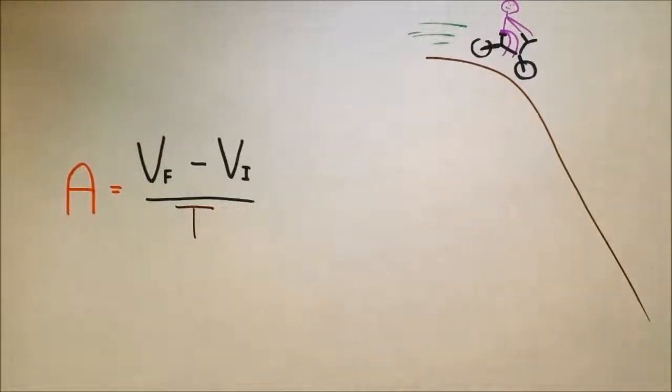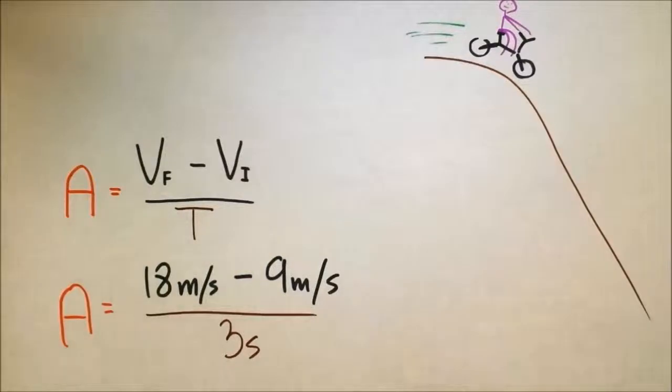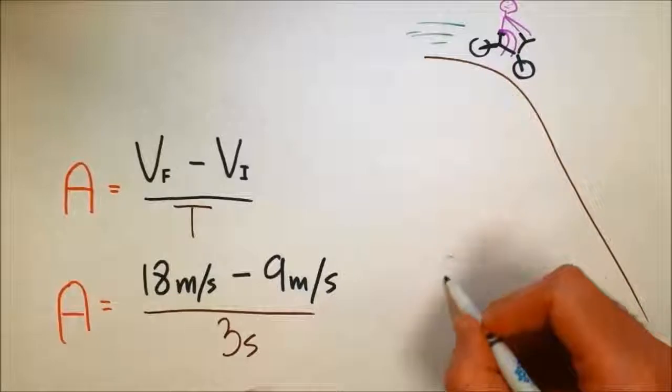So now I have everything plugged in: our final velocity, VF, minus our initial velocity, VI, divided by 3 seconds, which is our time. Well, now it's just simple mathematics. It's not even algebra. Calculations. 18 minus 9, that's 9 meters per second.